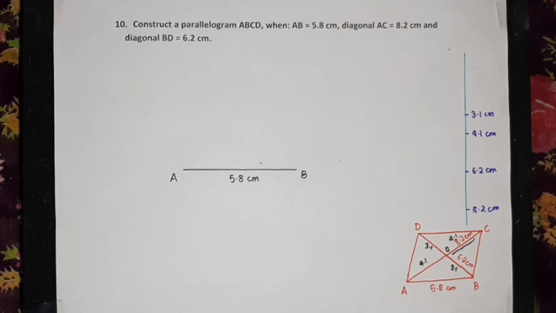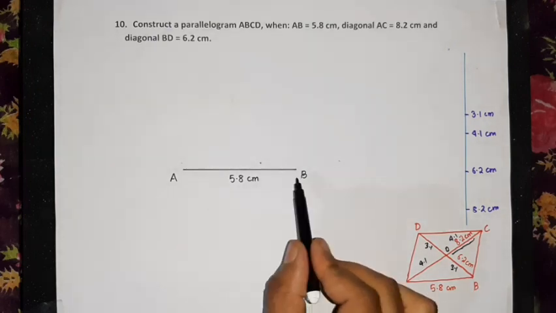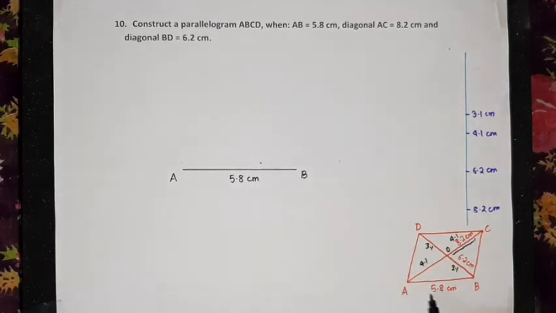Now in this case the angle between the diagonals is not given, but instead of that what is given? One of the sides is given, which is 5.8, and that side is AB. So let me take my first side, that is AB, which is 5.8 centimeter. Okay, now you see that this figure is a triangle, right? So let us quickly draw this triangle here.